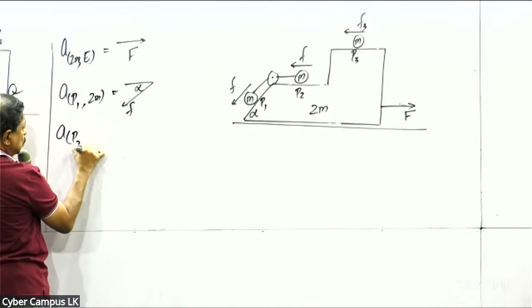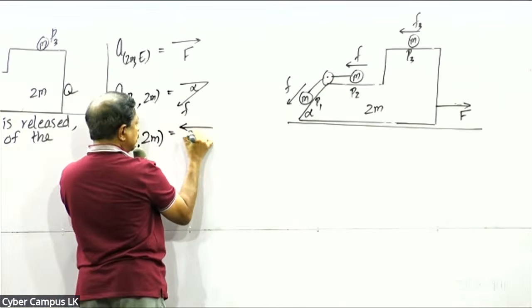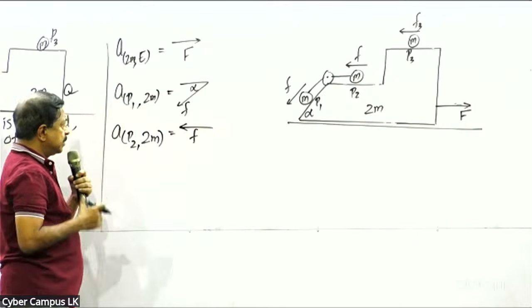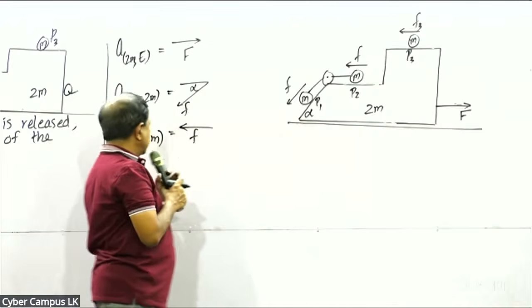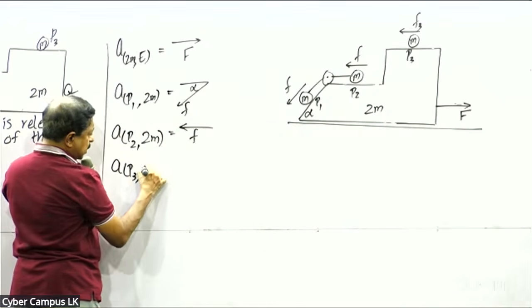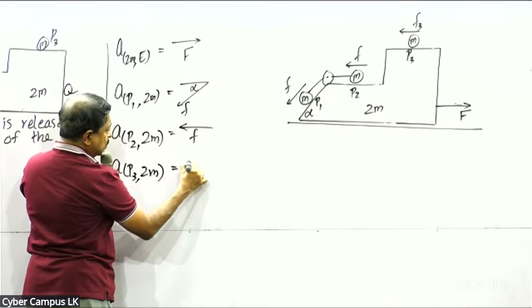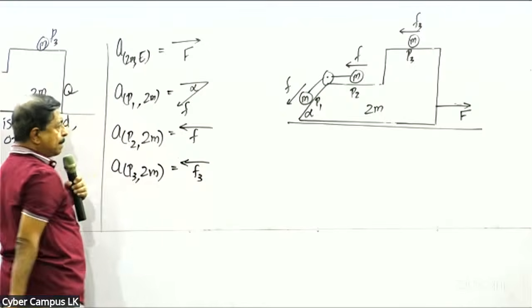The acceleration of P2 relative to 2m is F, but it's a horizontal acceleration. And then you have another one, the acceleration of P3 relative to 2m, which is again in this direction, and it is F3.